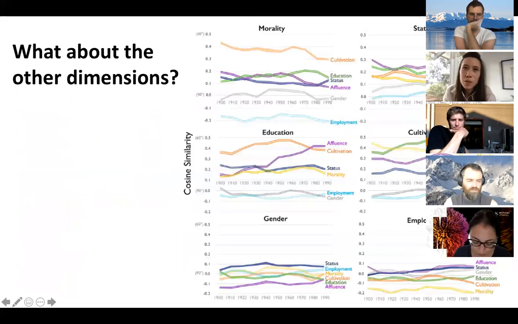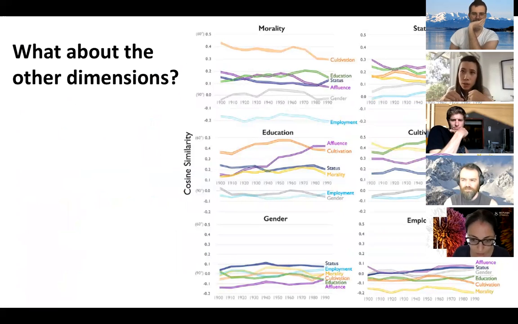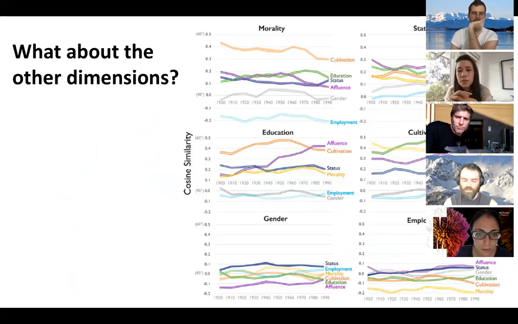Here are the plots for all the other dimensions. You can see that gender and employment have a cosine similarity quite close to 0 for most dimensions, suggesting that they're actually relatively orthogonal constructs in this vector space, whereas other constructs show a bit more interrelation and variation over time.